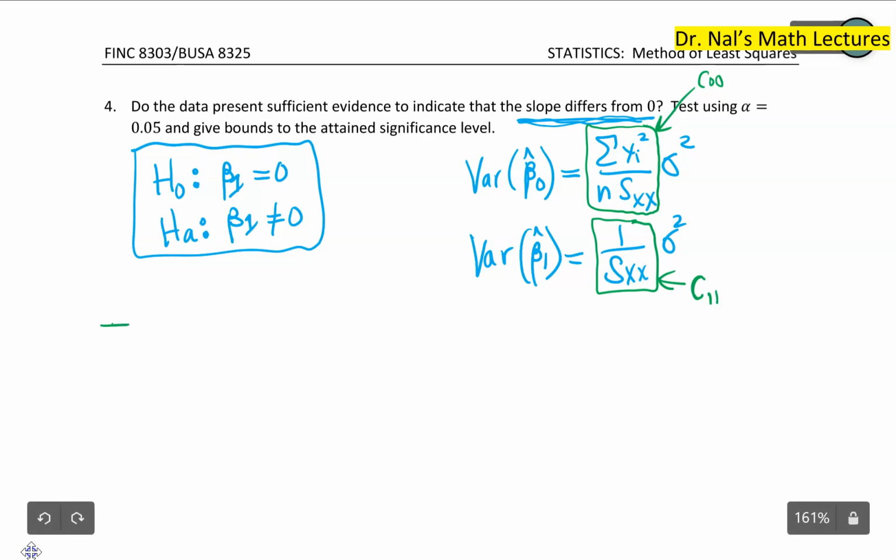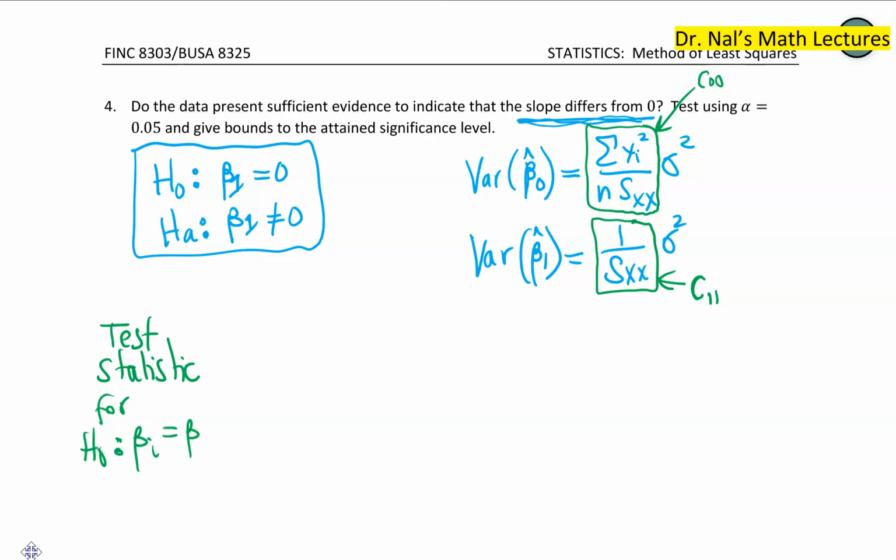It turns out that the test statistic that we are going to use will be the following. In our case, we are doing it for beta 1, but it works for both of them. If you have a null hypothesis H0 of the following form, beta i, so it can either be beta 0 or beta 1, it doesn't matter, equals beta i0, the specified value for that beta.